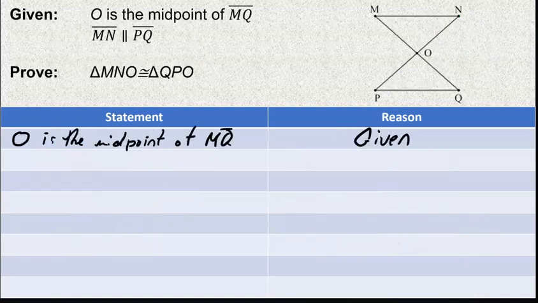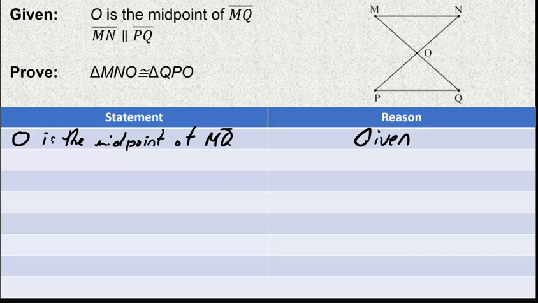So once again, I decided to, though I do not have to, break my proof into two parts by separating the given. You don't have to do that. But I just want to give you two examples if you want to play with this idea. So O is the midpoint of MQ.